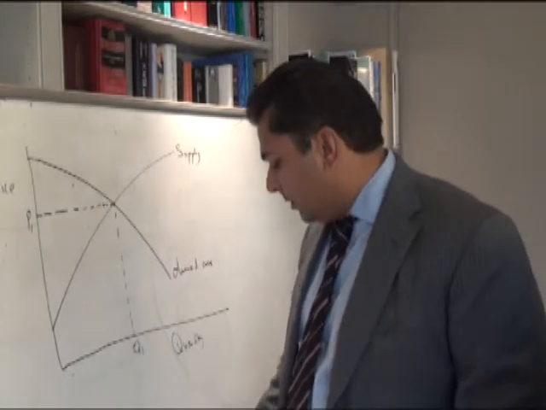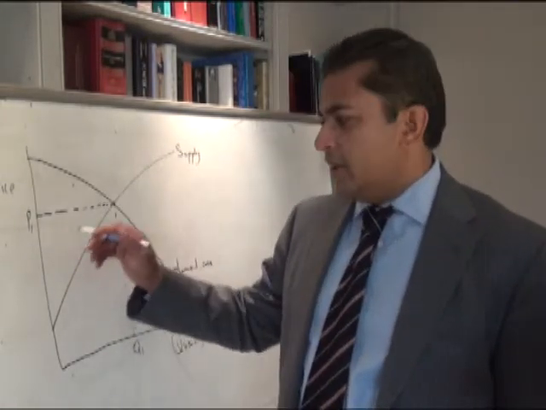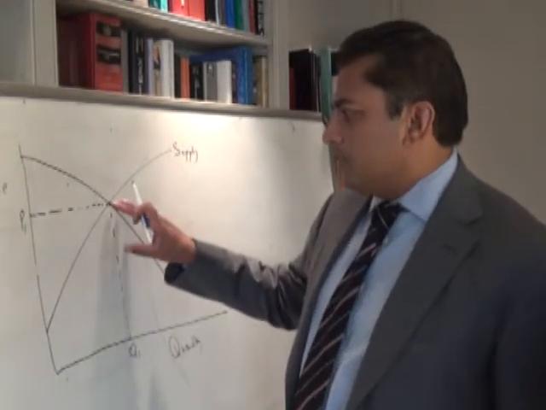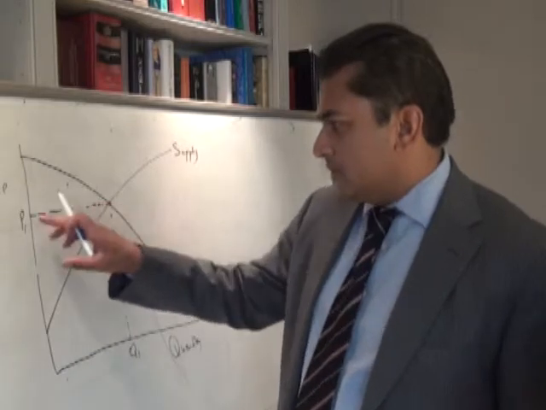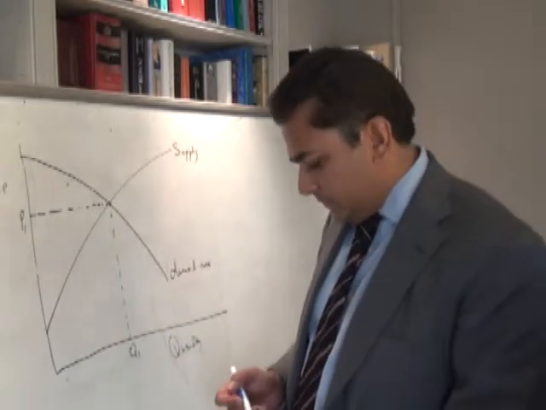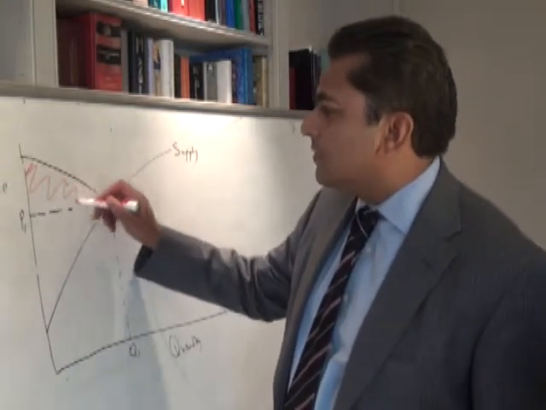Now, when you distort the market, what you do is you move the supply curve to the left. Why does that happen? We have the price point here. This is the price, and this is the quantity, and we have what's called consumer surplus. That is up here. All of this is consumer surplus.